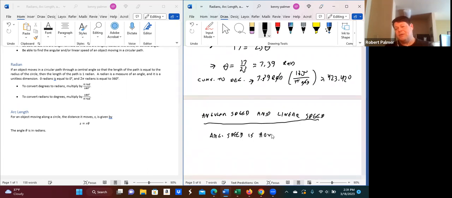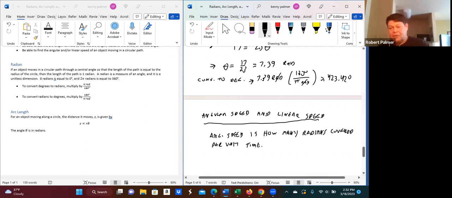Angular speed is how fast, or instead of saying it this way, angular speed is, say it this way, how many radians covered per some unit of time. Okay, per some unit of time. All right, that's angular speed.